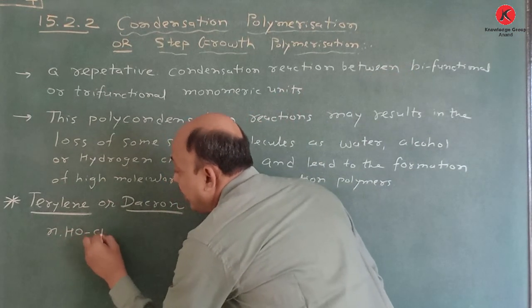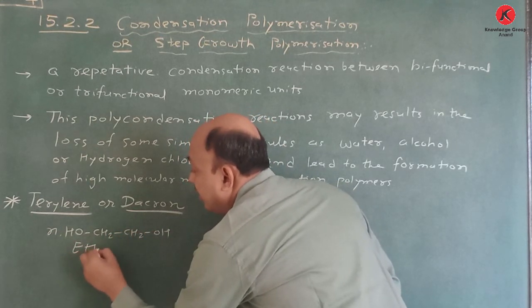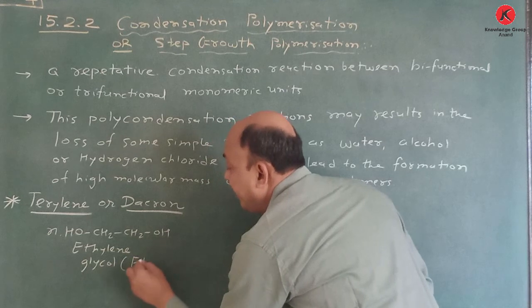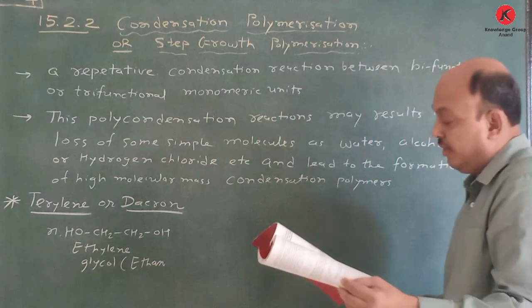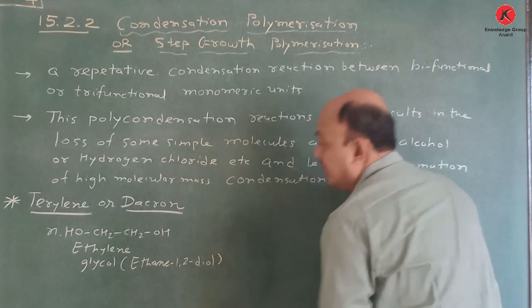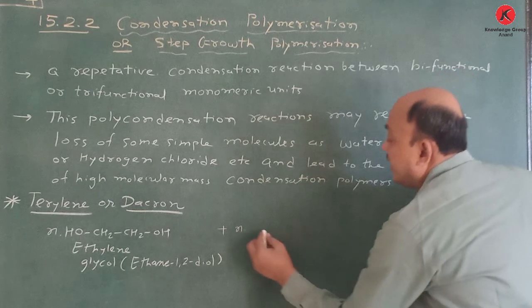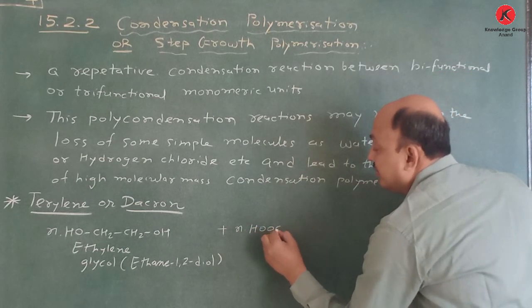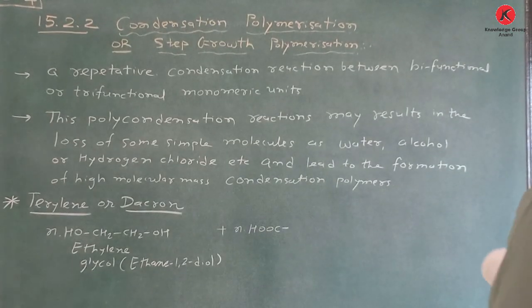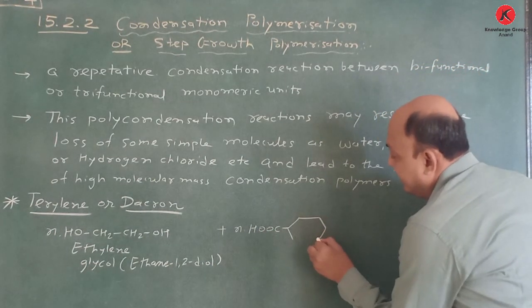Here, n molecules of ethylene glycol, another name is ethane 1,2-diol, react with n molecules of terephthalic acid. Sorry for the interruption.